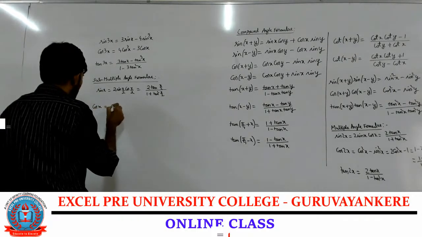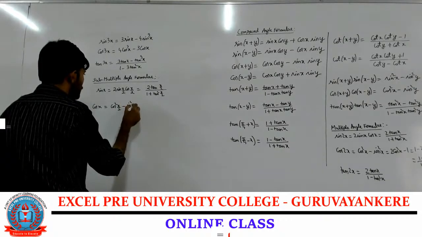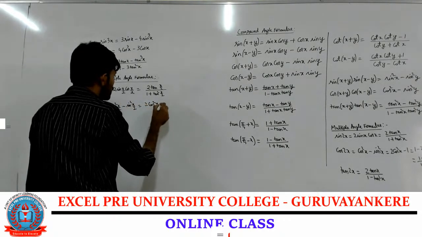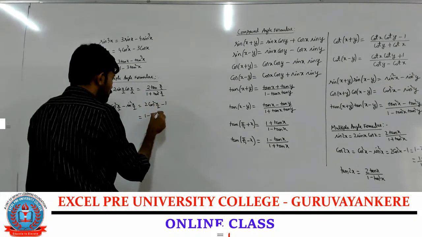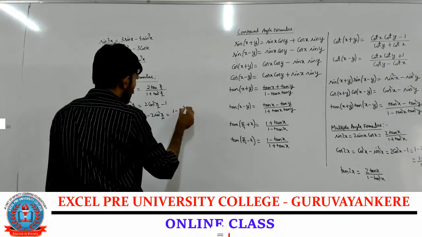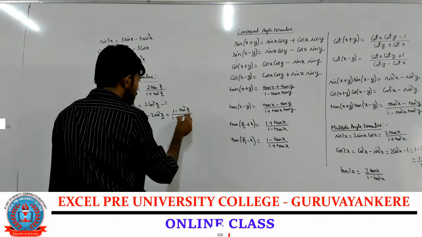Cos x is cos square x by 2 minus sin square x by 2, which is equal to 2 cos square x by 2 minus 1, which is equal to 1 minus 2 sin square x by 2, which is equal to (1 minus tan square x by 2) divided by (1 plus tan square x by 2).